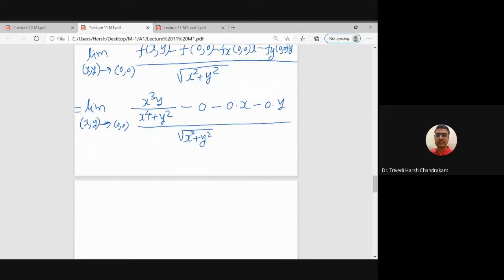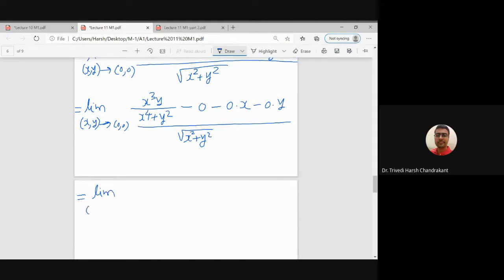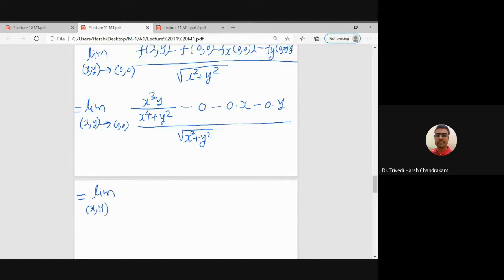Now we can simplify this limit. What we get is the limit as (x, y) approaches (0, 0) of x cubed y divided by x power 4 plus y square times square root x square plus y square. Now let us verify whether this limit exists or not.